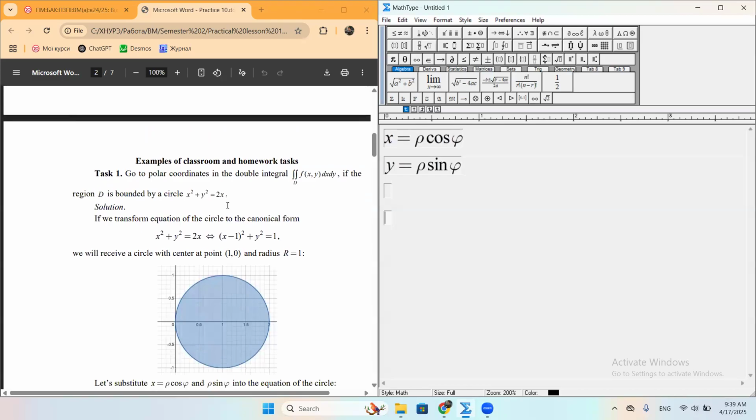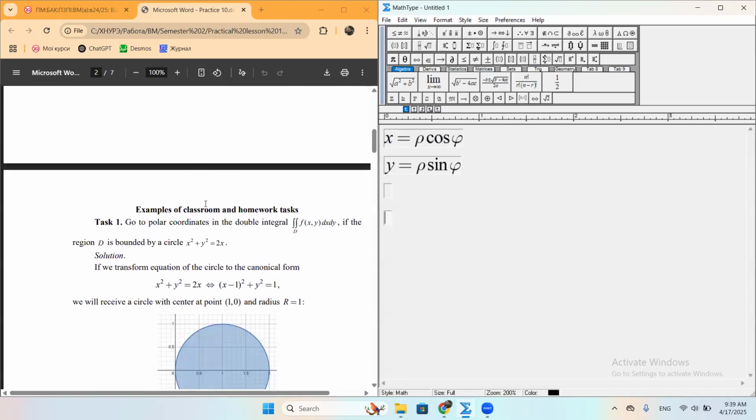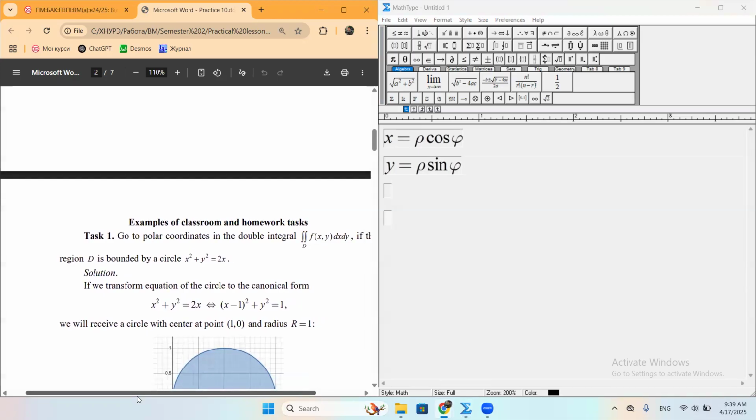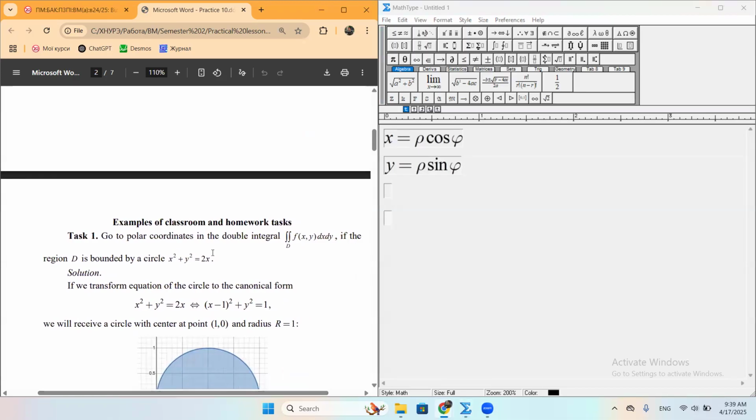So now let's begin. First of all, we will go to polar coordinates in a double integral that has the following region. It is bounded by a circle. We don't know what the integrand is.